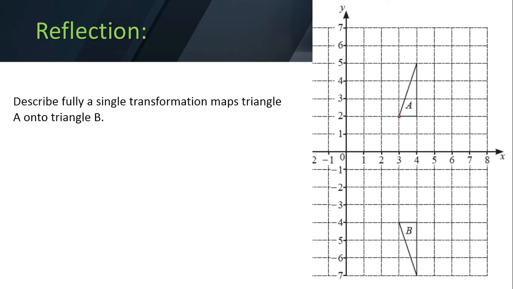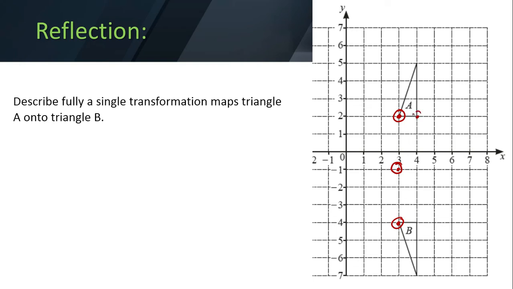If we take this vertex from the object, its image is here. Now if we count the distance, 1, 2, 3, 4, 5, 6, we have 6 boxes distance between these two. So half of 6 is 3 boxes. So 1, 2, 3 is here. The line of reflection will pass through this point.